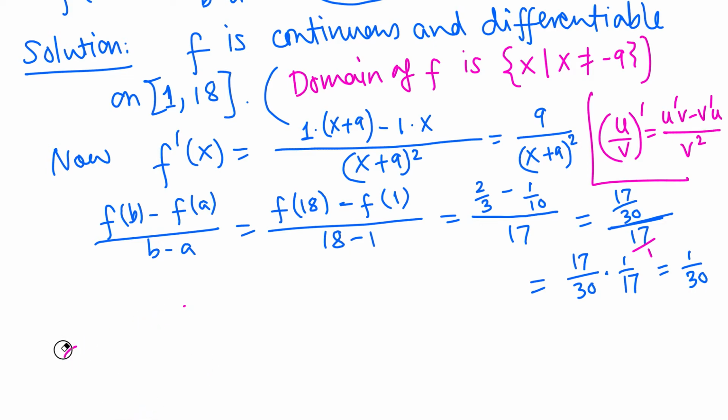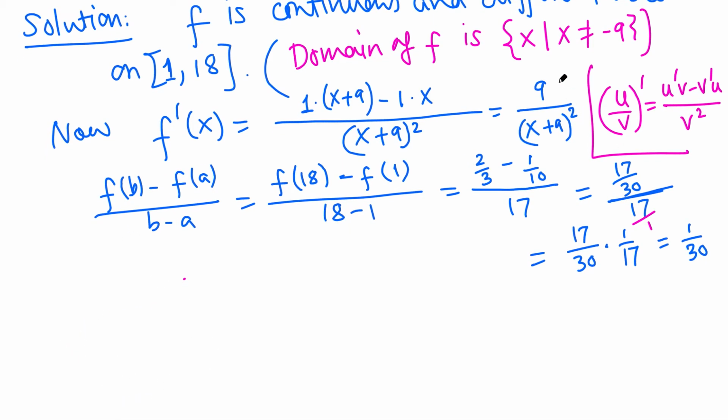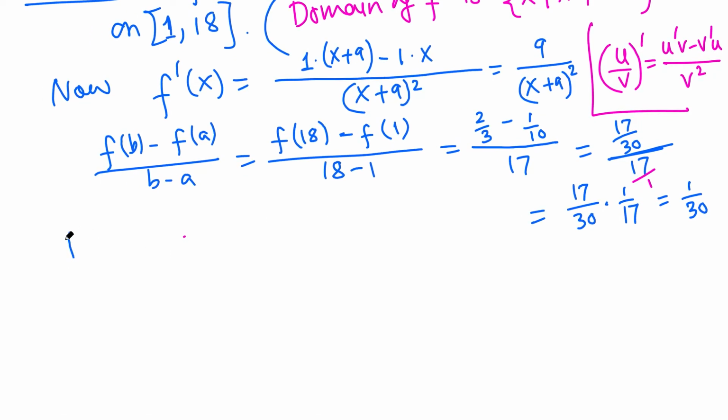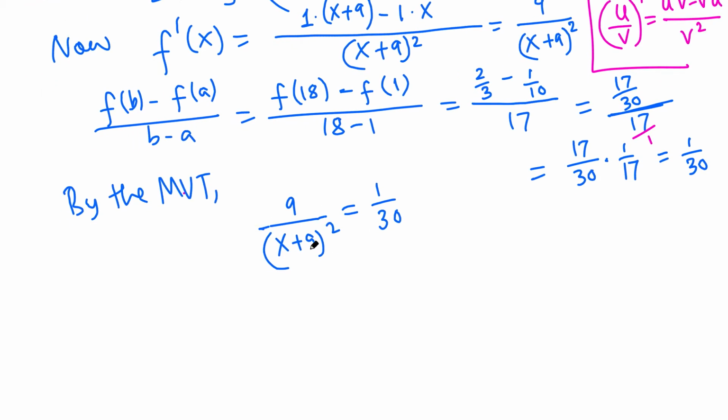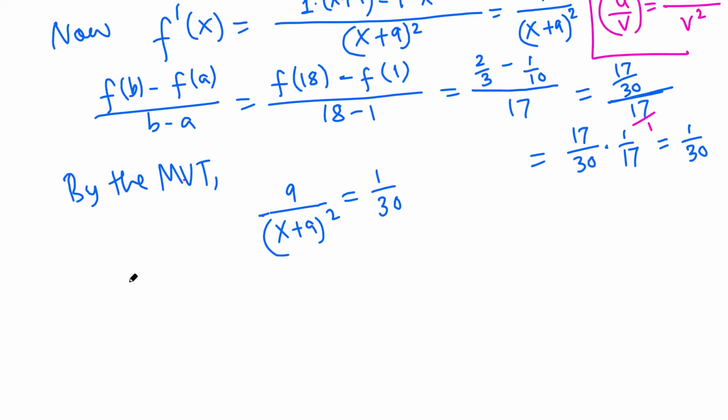By the mean value theorem, we know that these should be the same. By the mean value theorem, 9 over x plus 9 quantity squared must be equal to 1 over 30. Now from this, we find the value of x. That happens to be the c we are looking for. Cross multiply.